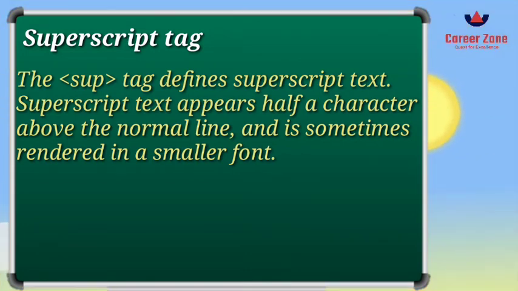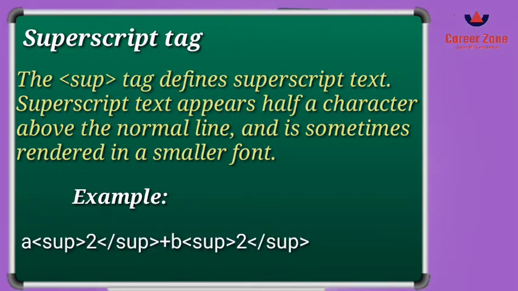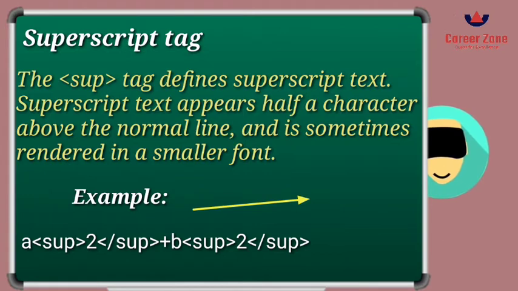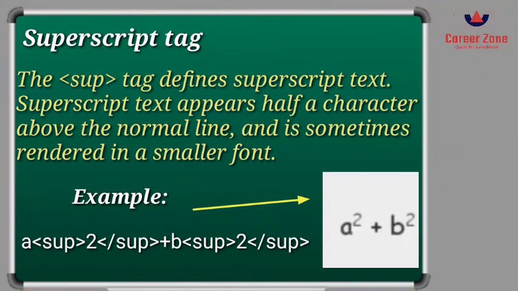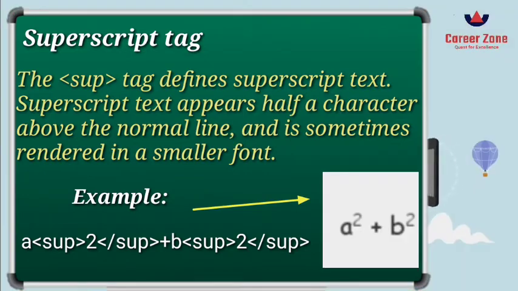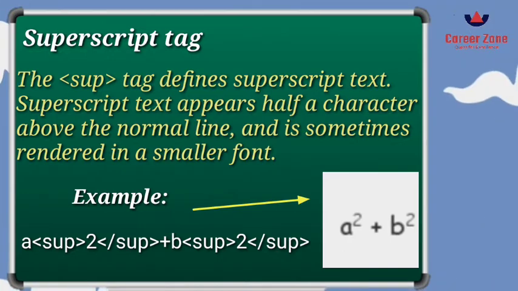For example, if I want to write a formula like a square plus b square, where 2 is written in a small font above the normal text, it will be written in a superscript tag. It means SUP tag. It is a container tag which is required to be opened and closed both.